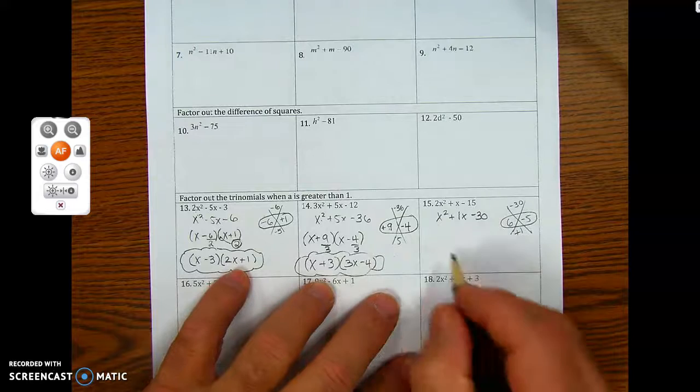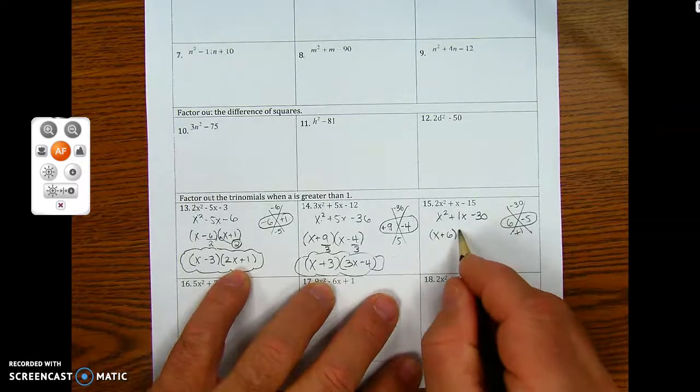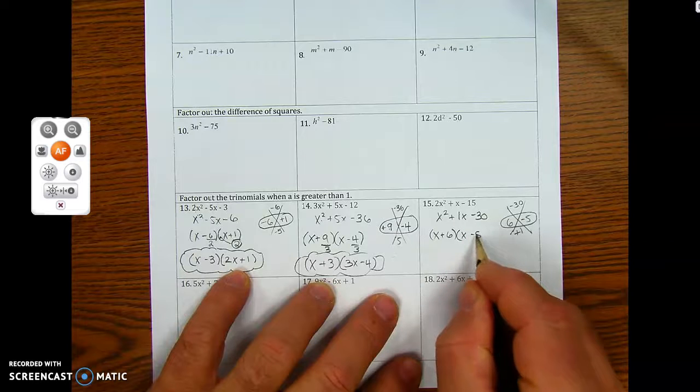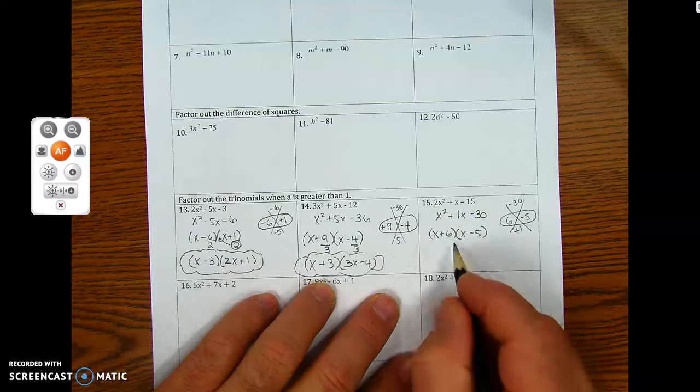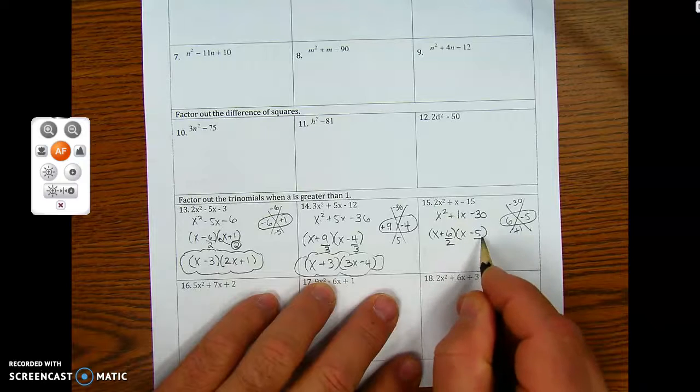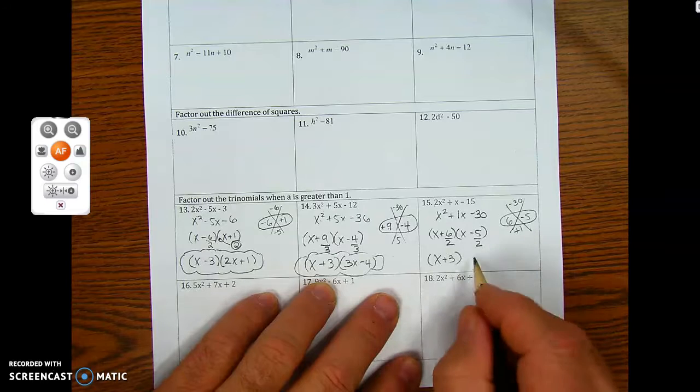I know it seems like I come up with these magic numbers really fast. That's what it just comes from being a math teacher your whole life. Now let's divide by 2, which is a. X plus 3 times 2x minus 5.